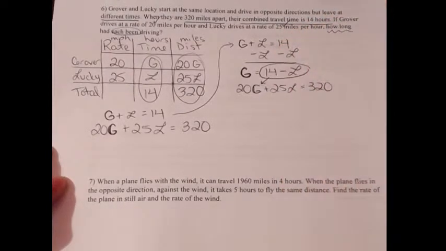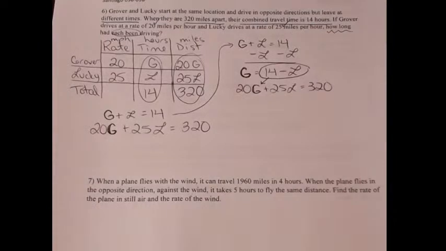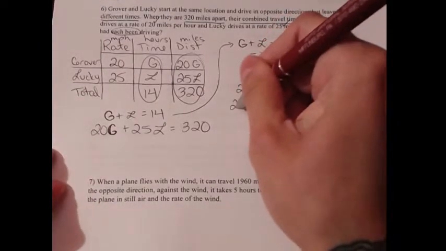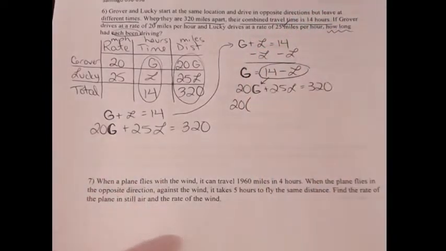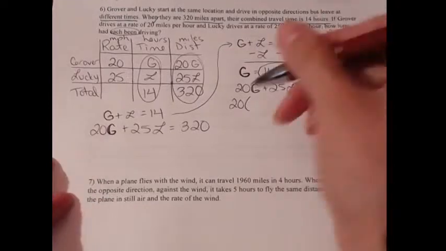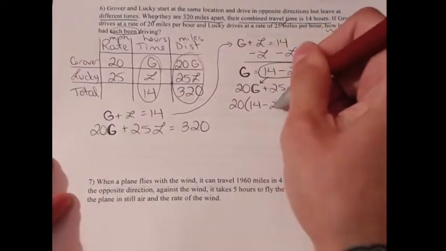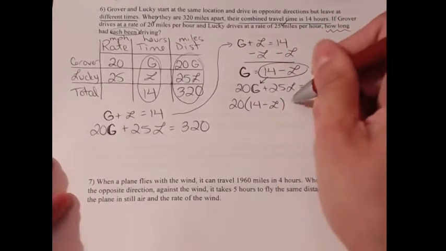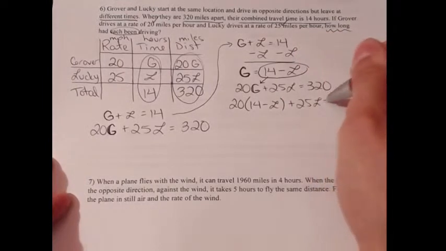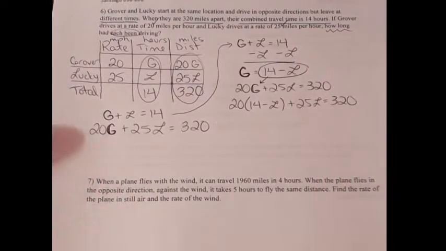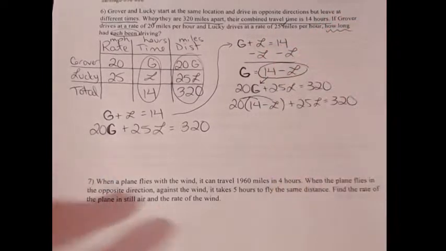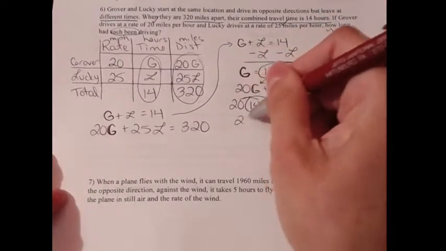Where I see a G in the second equation, I'm going to replace that with 14 minus L. So that gives me 20 parentheses, 14 minus L, and then we continue writing the equation, plus 25L is equal to 320. Again, this is just the approach for substitution. If you've chosen not to use substitution, then great.